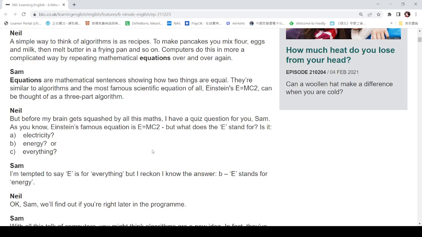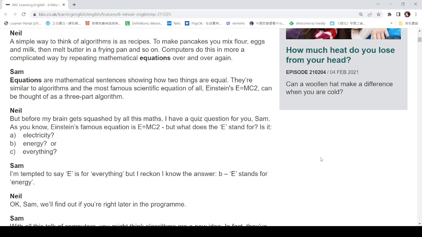A simple way to think of algorithms is as recipes to make pancakes. You mix flour, eggs, and milk, and melt butter, pour batter in a frying pan, and so on.